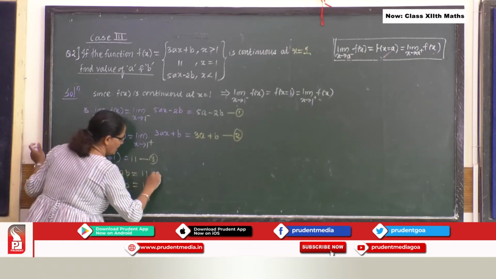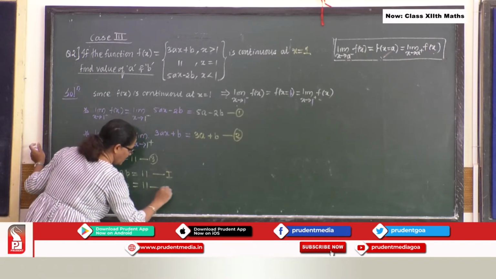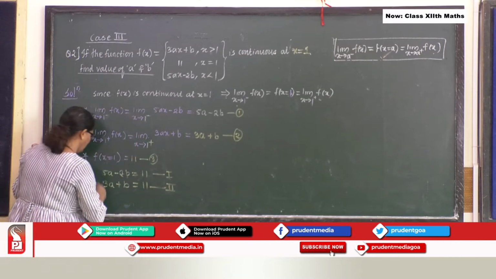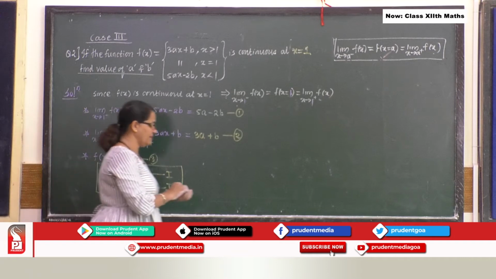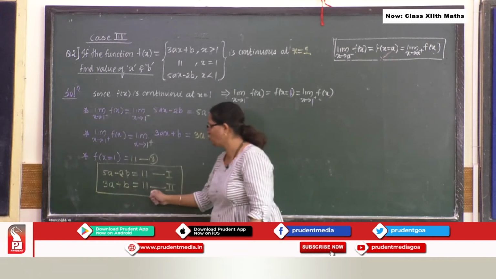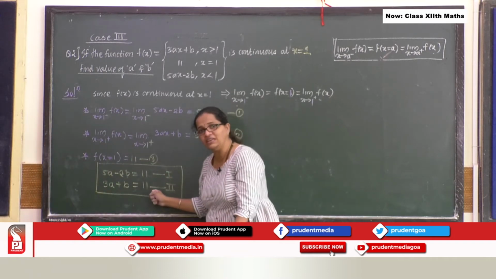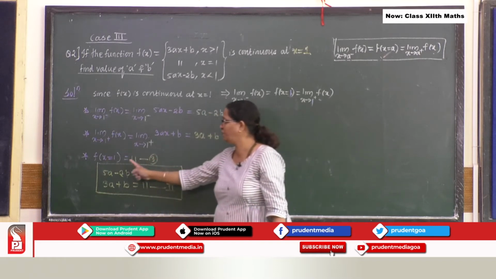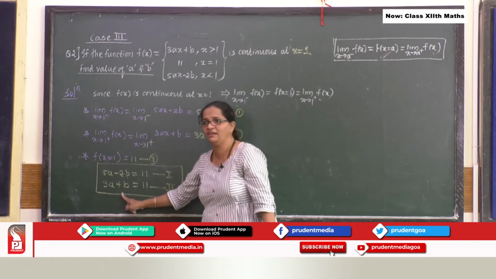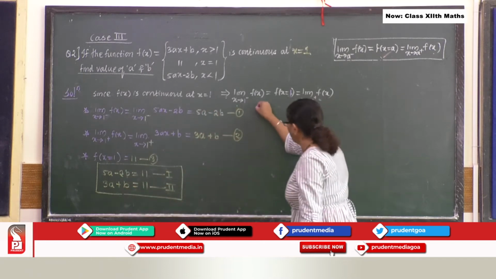So this is my equation 1, this is my equation 2. When you look at it, what do you remember? You will be solving this simultaneously using the elimination method, and you will be finding the values of a and b.